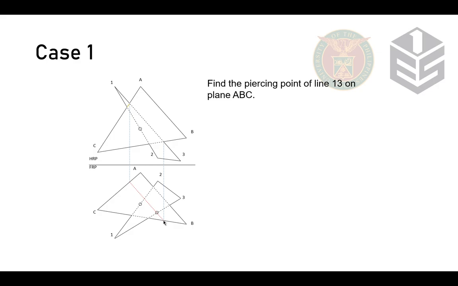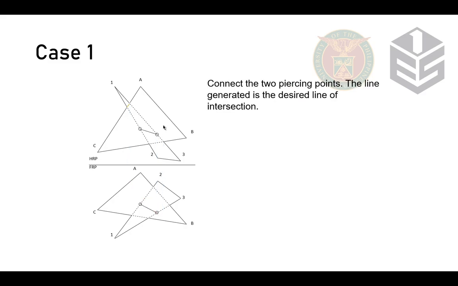And then once we have these 2 points right here, we just connect them. And if they intersect with line 1, 3, then we can say through the cutting plane method that line 1, 3 has a piercing point onto plane ABC. So this is the piercing point. Then again, we can just project it upwards towards the HRP view so that we can find the piercing point in the HRP view. Okay.